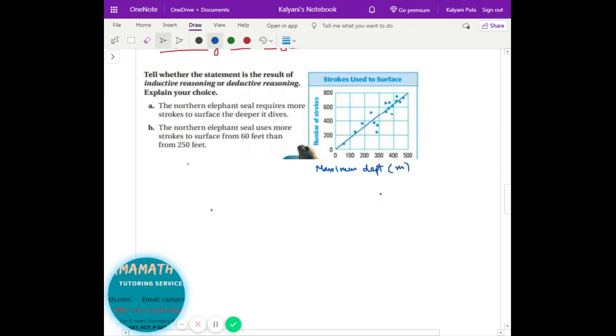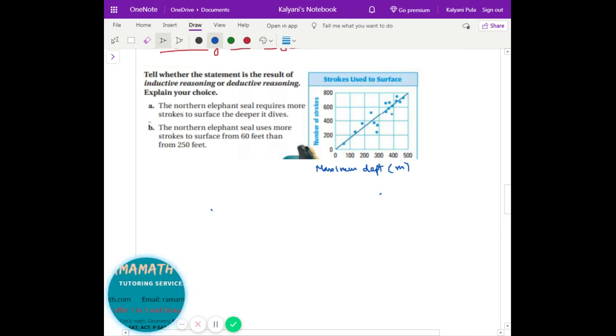If you look at the first one, the northern elephant seal requires more strokes to surface the deeper it dives. If you look at the depth, as it goes from 0 to 100, 200, 300, you see more data points up here.